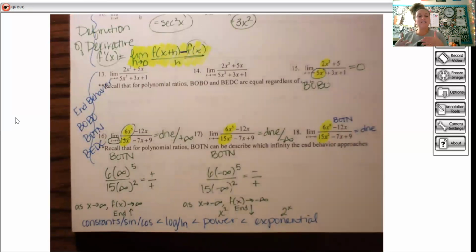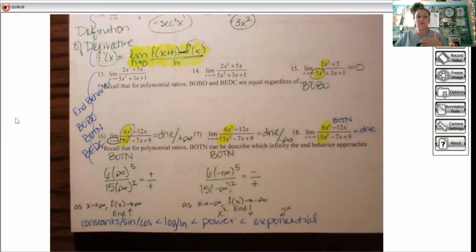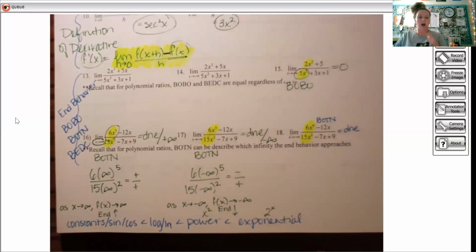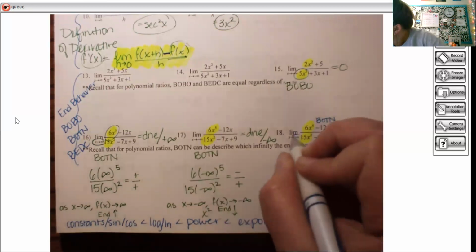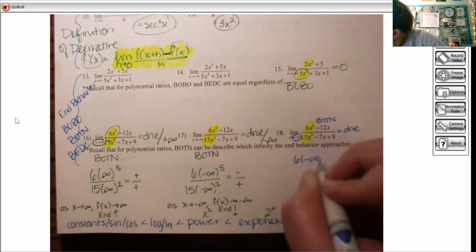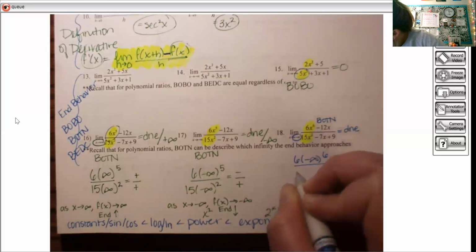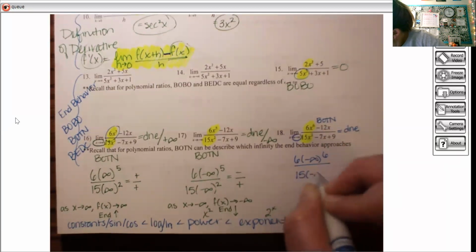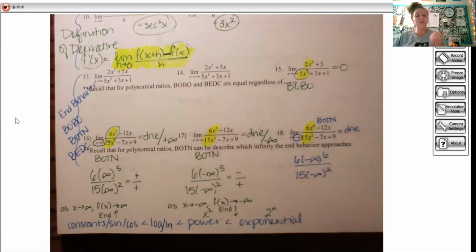But if I wanted to be more specific and say which direction it was going, then I would take that negative infinity and plug it in: 6 times negative infinity to the 6th over 15 times negative infinity squared. And what you're going to notice is that because both of those have even powers, I end up basically losing my negative.